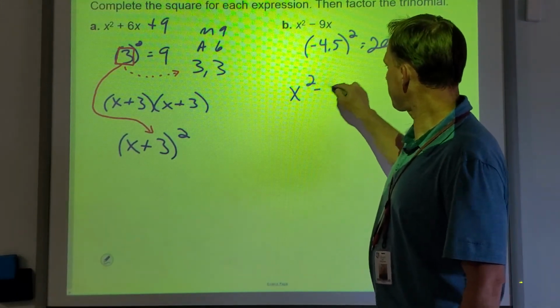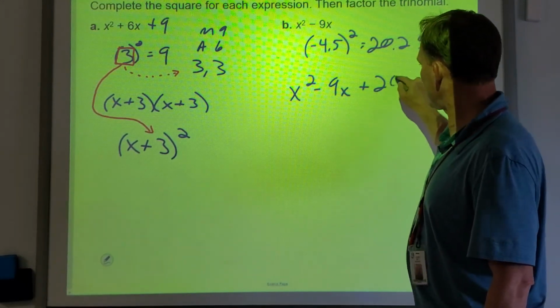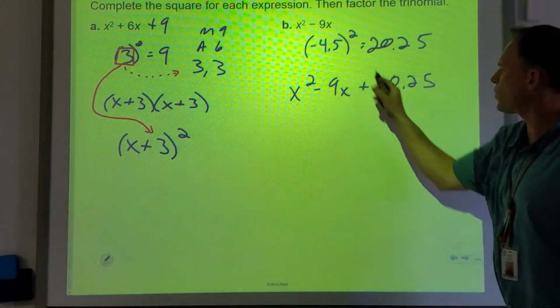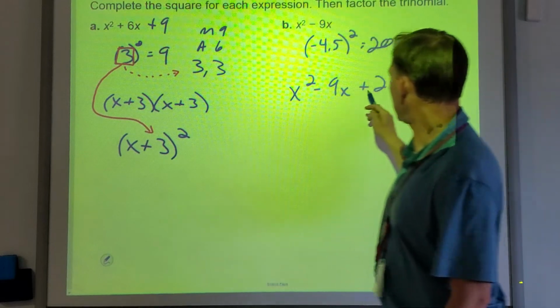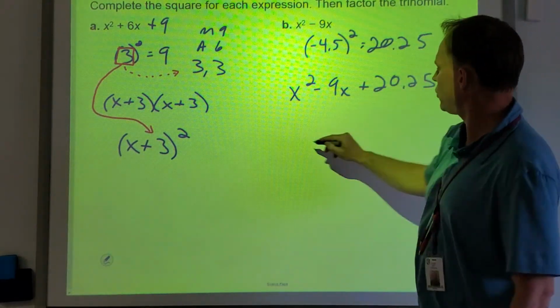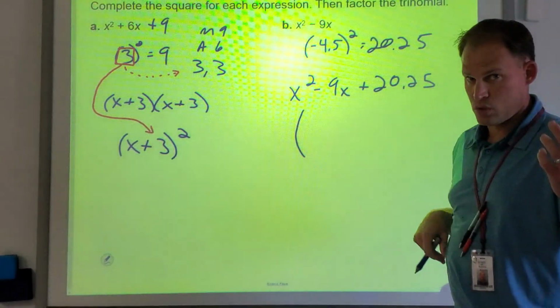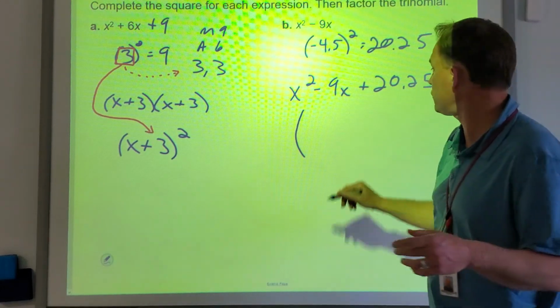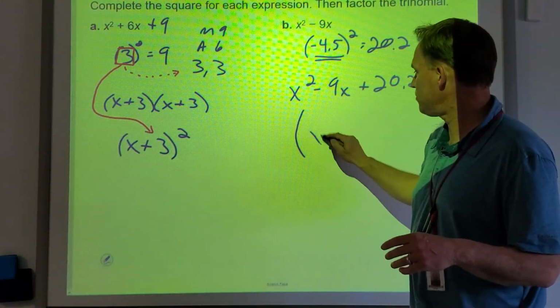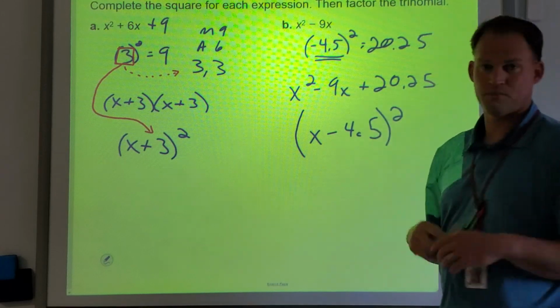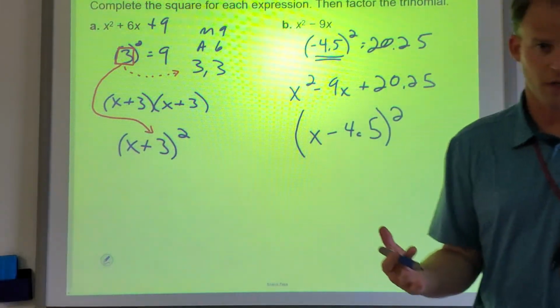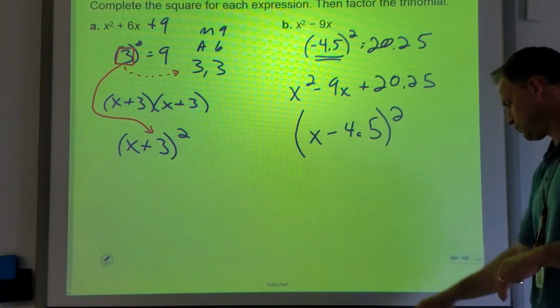So, since I squared, it turns positive. So, complete the square. Completed the square. Factor the trinomial. Don't have to do a lot of heavy lifting here. It's going to be that number there. Okay? Questions?